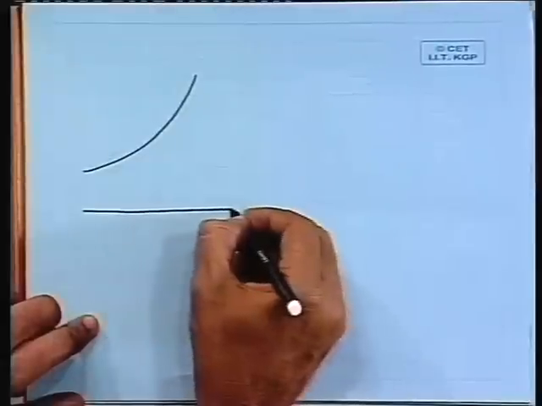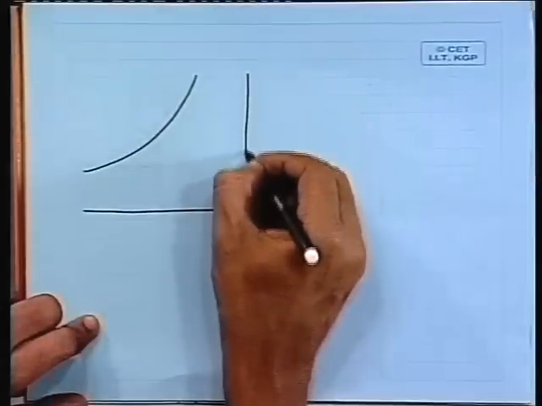Then there is a mixture of these two air streams, so we will have the condition of the air at the exit. On a psychrometric chart, if we represent the process, we will have something like this.